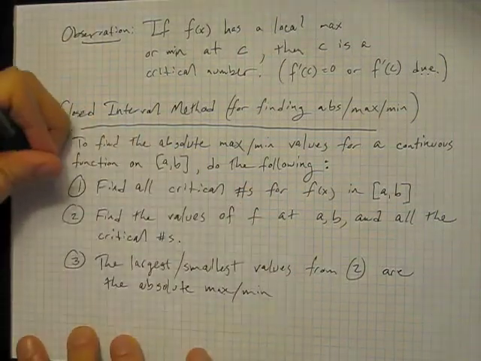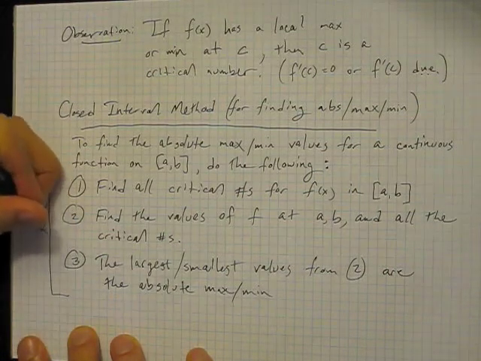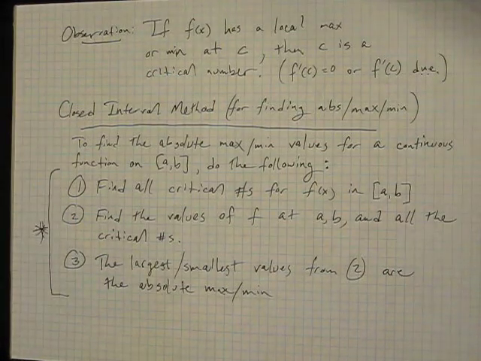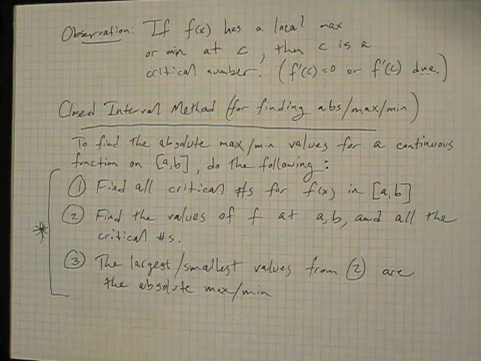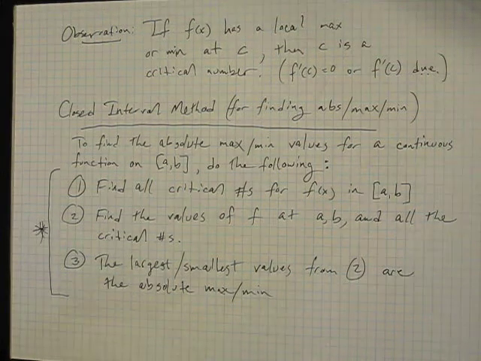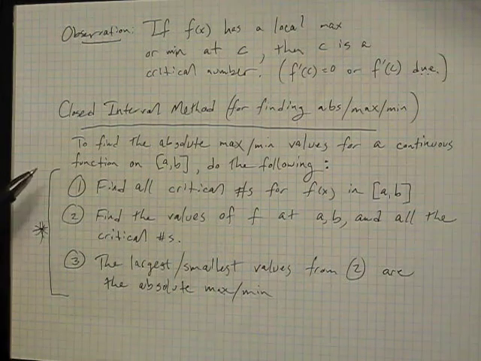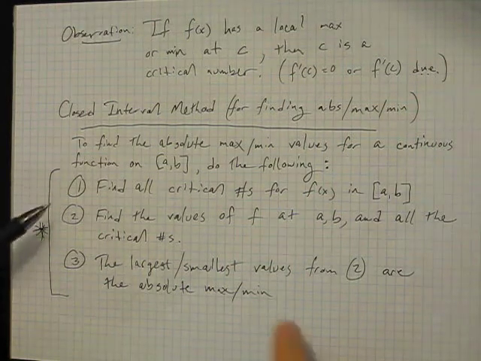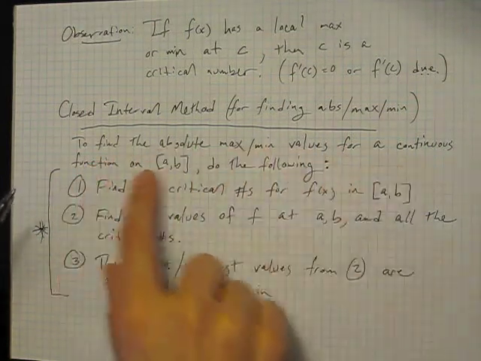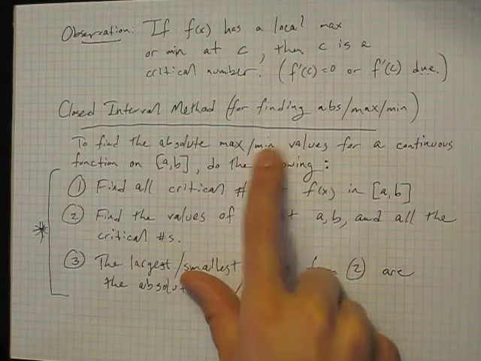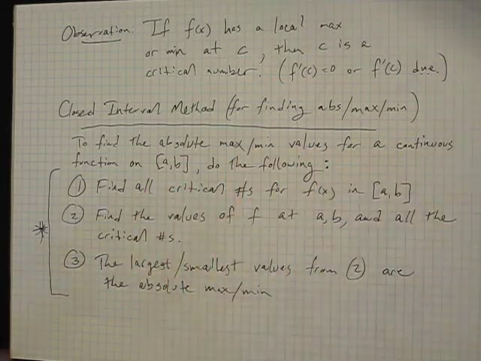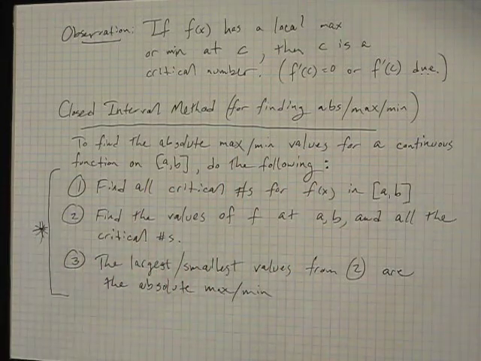Okay. These steps right here will be of fundamental importance to what we're going to do, all of the questions we're going to ask from section 3.1. So remember, the goal of this is to just find the highest and lowest values for a continuous function on a closed interval. And this is the process we go through.